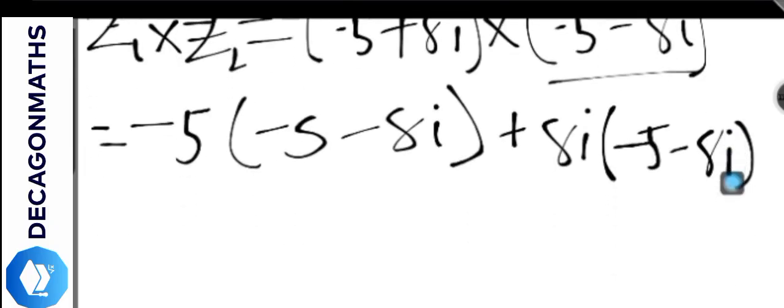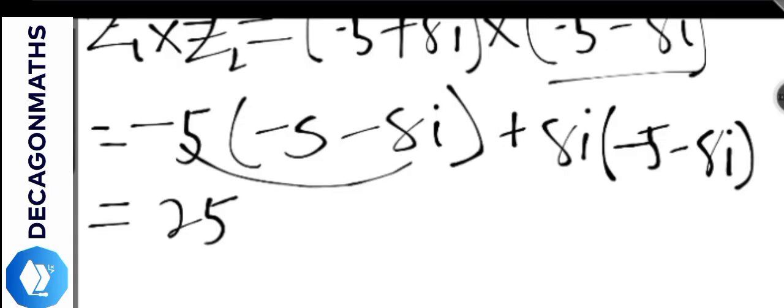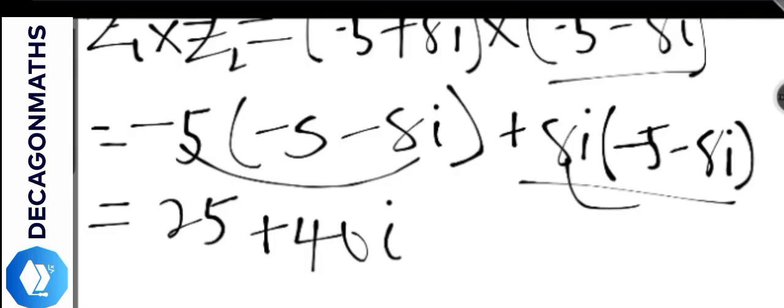So moving on. Now minus 5 multiplied by minus 5, minus times minus is plus, so we have plus 25. Then minus 5 multiplied by minus 8i gives a positive 40i, because negative times negative is a positive, right? Then 8i multiplied by minus 5 gives minus 40i.